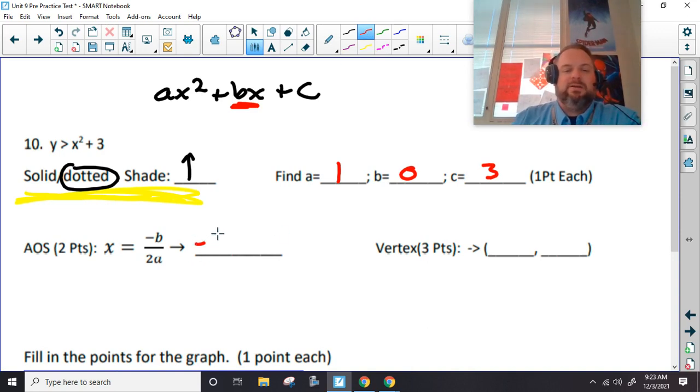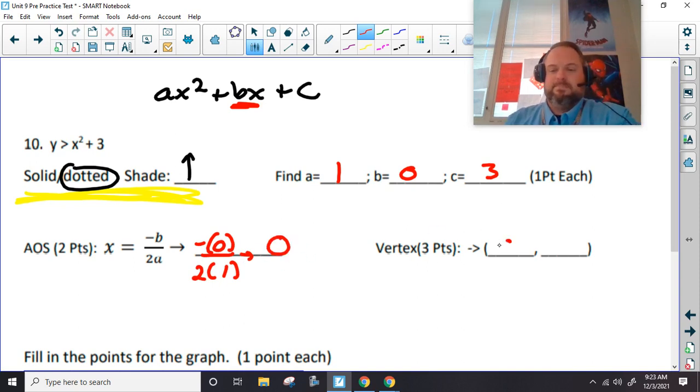Now, what did we learn for those that were here and paying attention? Yeah, anytime B is 0, this is going to be 0. It's my favorite thing is when B is 0. Those are the easiest things for me to do. Okay.